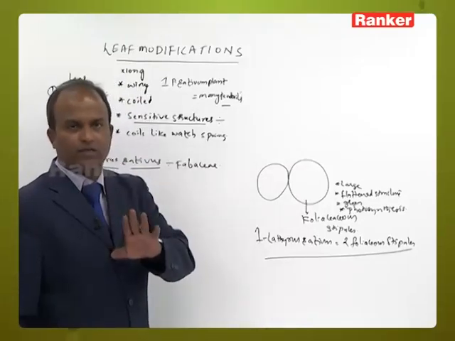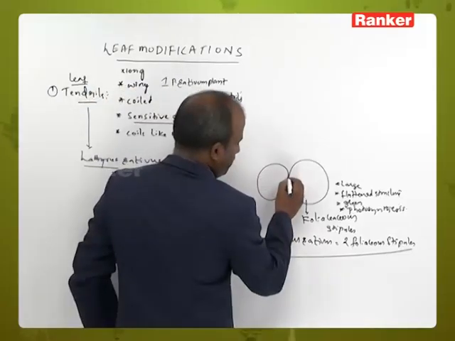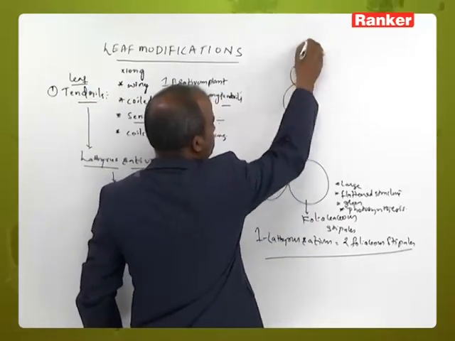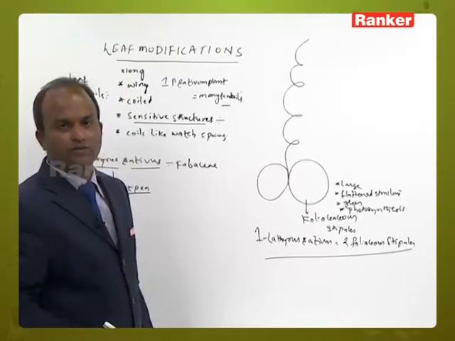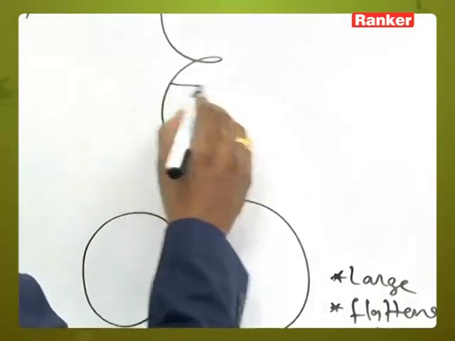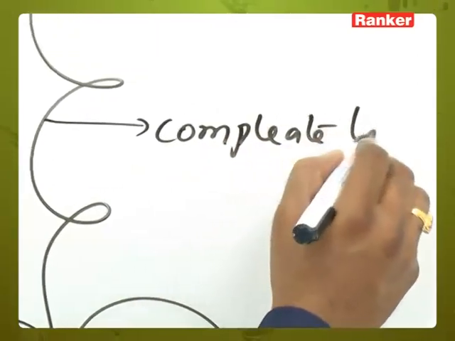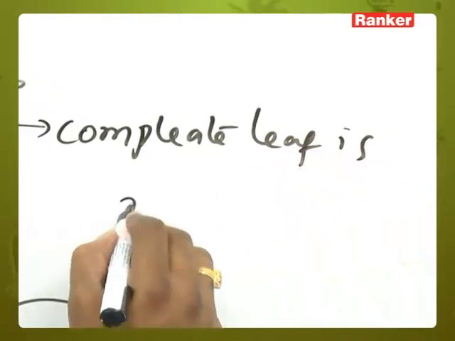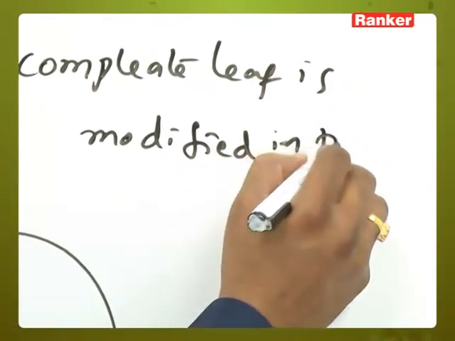That means they can prepare their own food materials. Now in this, which one is modified into tendril? The complete leaf is modified into tendril.